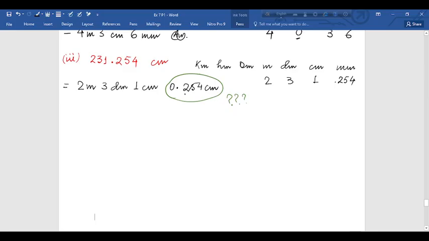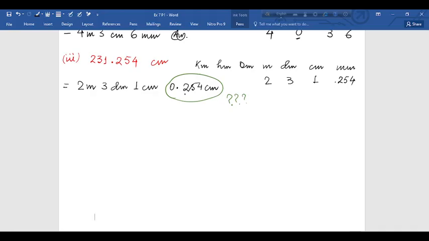Okay, let me check the answer once. That is exercise 7, 5 part 3, 231 and centimeter.